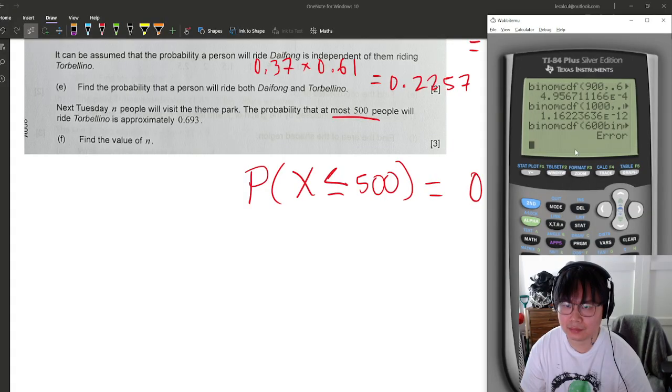What? Oh my god, okay. Delete 600. 700? Really? Am I doing something wrong?